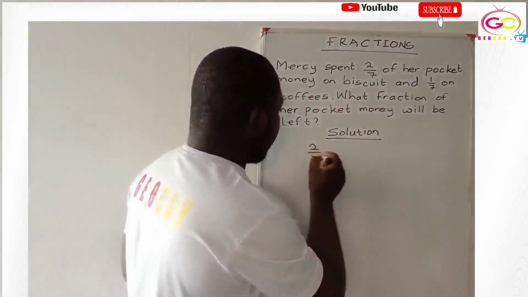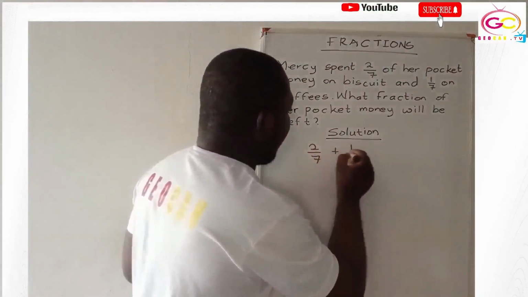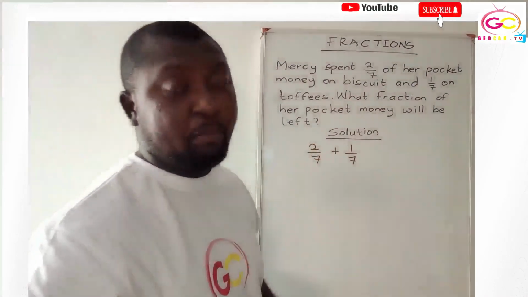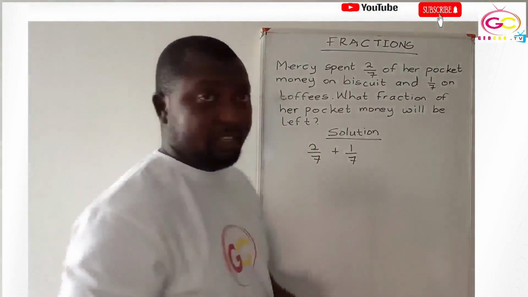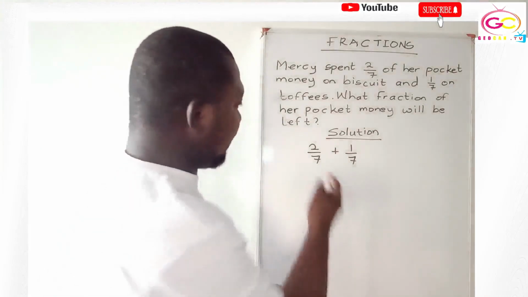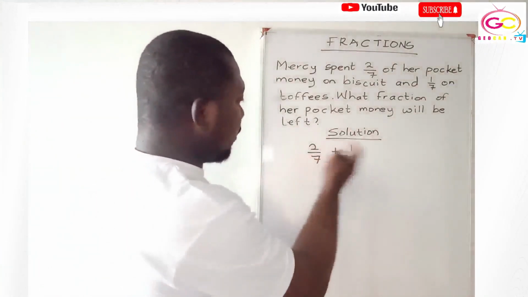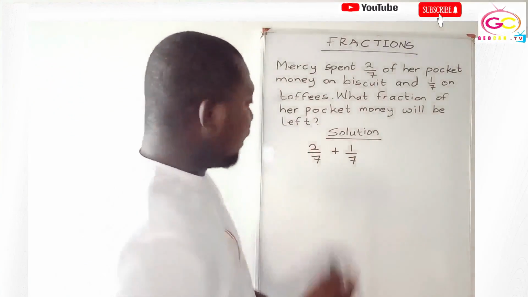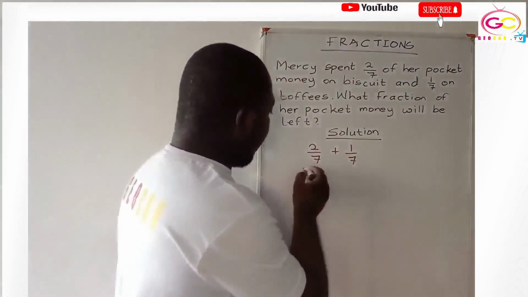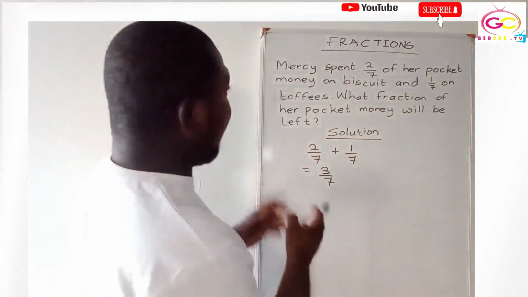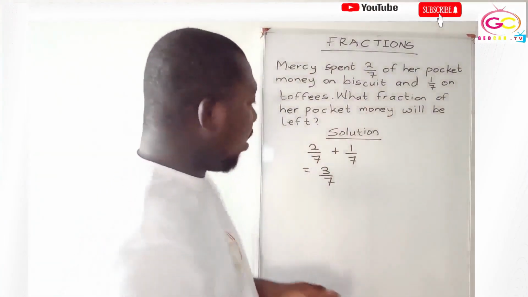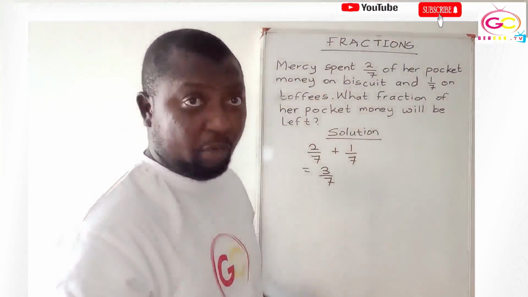We have 2/7 plus 1/7. This is a simple fraction. You should know this, right? Since they have the same denominator, which is 7, you just have to add the what? The numerators. So 2 plus 1 will give us what? 3. So 3/7. Good. So this is the total fraction spent, right?